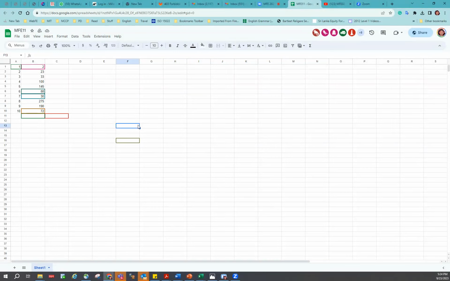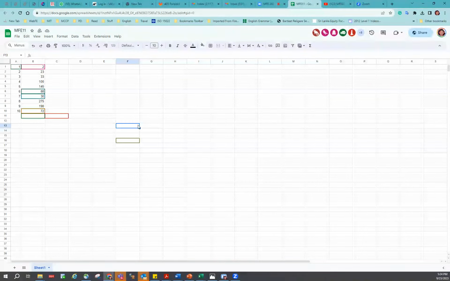In the population, we have 34 individuals. You can see the numbers. The minimum is 2, and the maximum is 275.